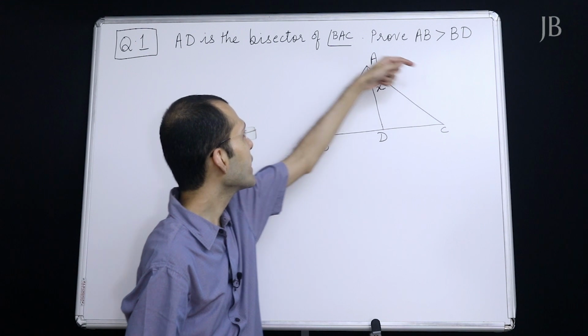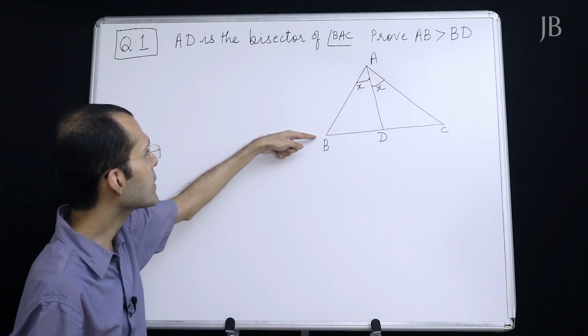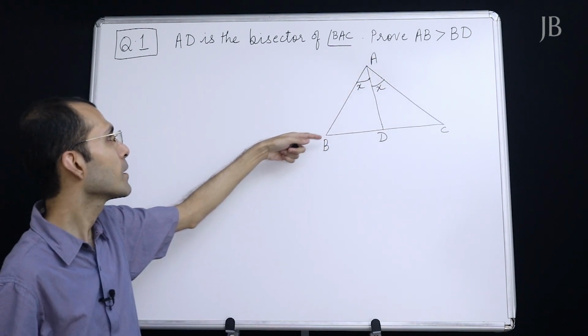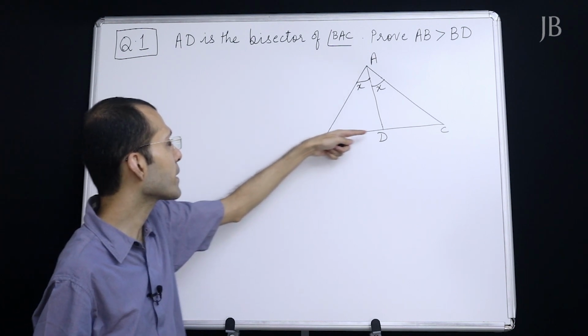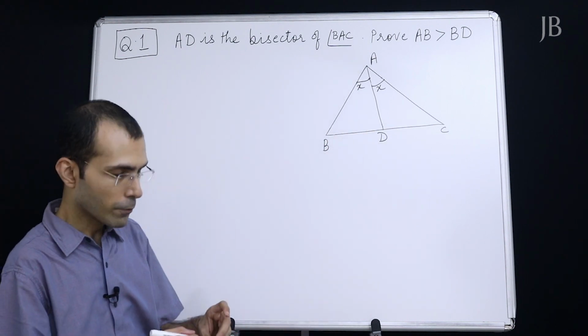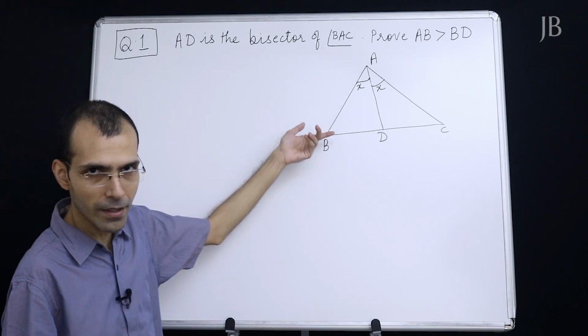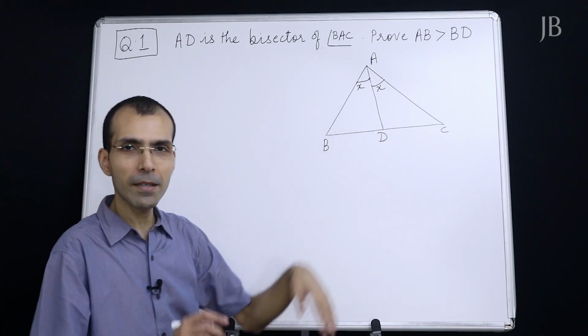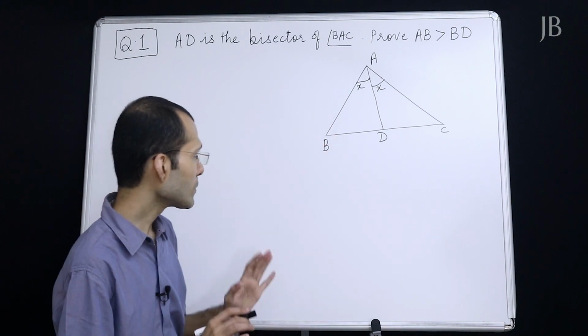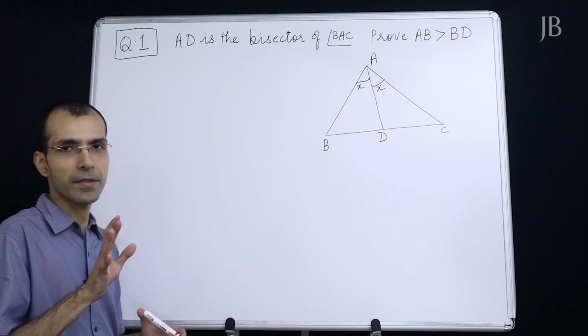Okay, prove that AB is greater than BD. Prove AB greater than BD means we have to prove that the length of segment AB is greater than the length of segment BD. That's understood. Okay, recall your concept.